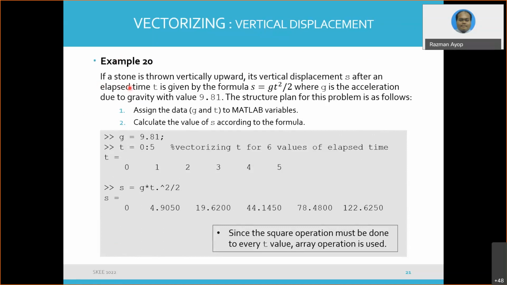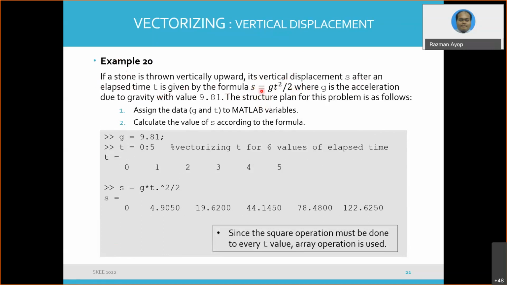If a stone is thrown vertically upward, the vertical displacement s after an elapsed time t is given by the formula s equals g t squared divided by 2. So this is basically the physics field, so you will use a physics formula.